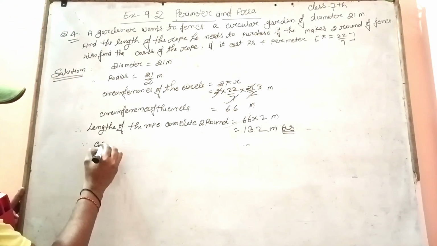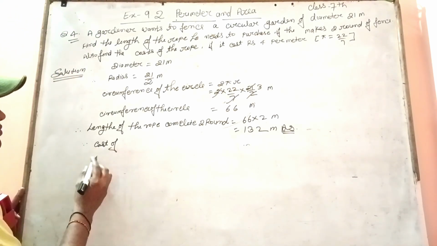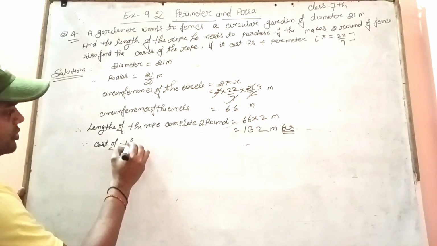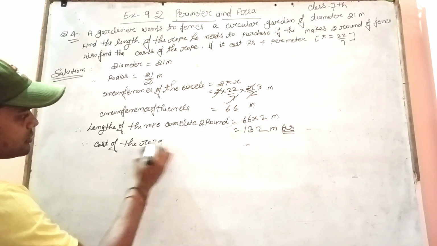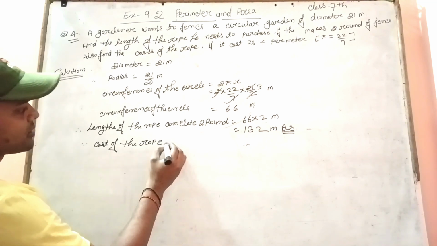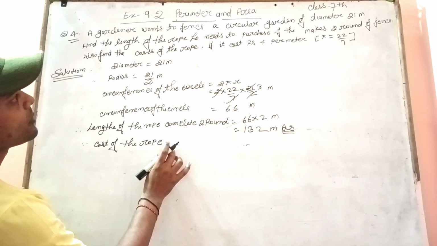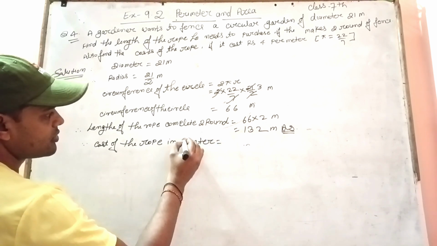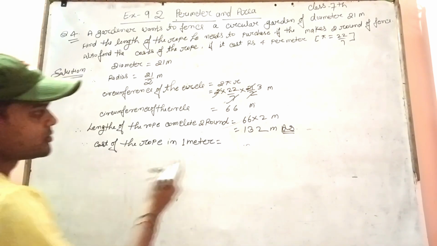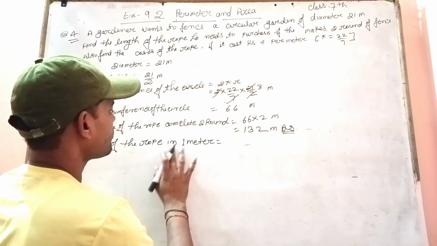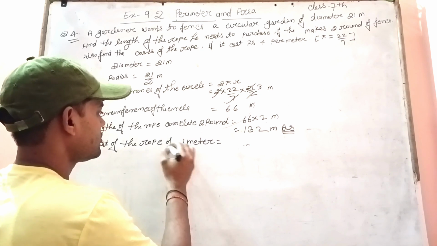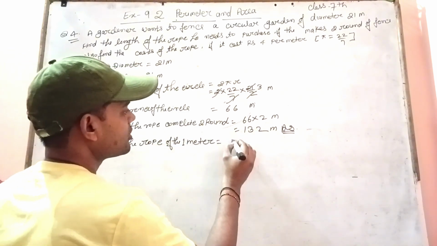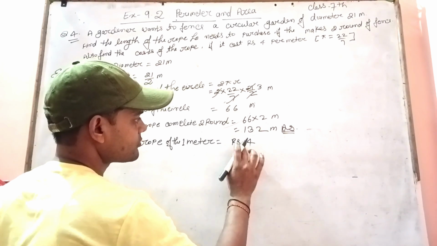Since cost of the rope in 1 meter is equal to rupees 4.